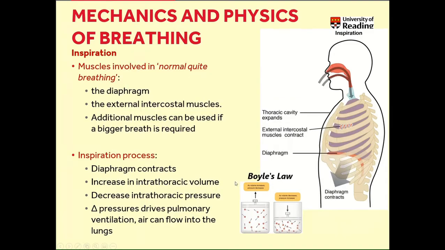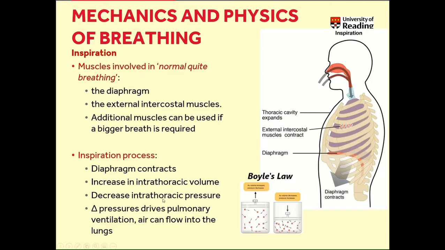So what happens in the lungs? I mentioned that during inspiration, there is an increase in the intrathoracic volume. This will lead to a decrease in the intrathoracic pressure because of Boyle's law. And this will create within the lungs a pressure which is lower than the atmospheric pressure.